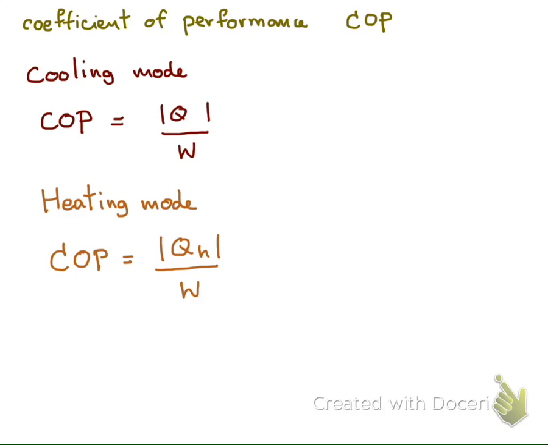It should be the QC here. It's the heat that is taken away from the cold region in the cooling mode, but the heating mode is the heat that we put into the hot region. Okay, so we have the expressions for the coefficient of performance of the heat pump.